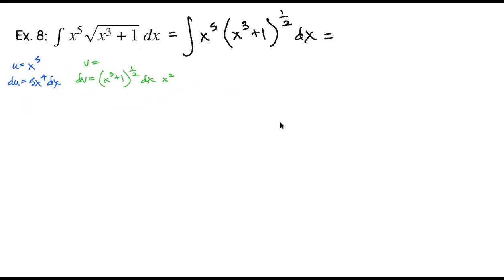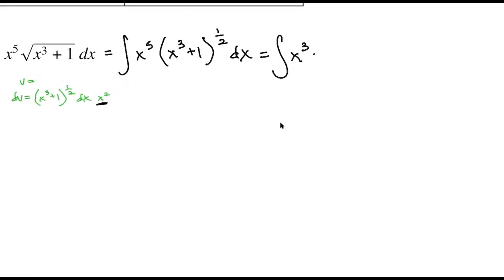This idea that we can take something like x to the 5th and split it to be like x to the 1st times x to the 4th. Or we could write x to the 5th as x to the 2nd times x to the 3rd. So we have some choices here. In this particular case, because I said life would be easy if I had an x squared, I'm going to write my x to the 5th as x to the 3rd times x squared. So that x to the 3rd times x squared is my x to the 5th. And then I have to write the rest of the integral as well.